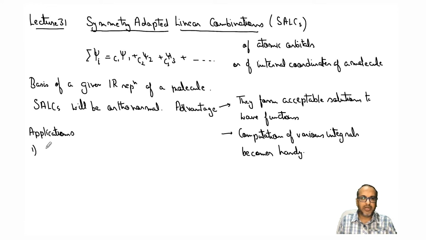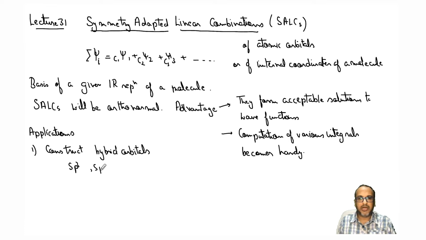We will see them when we construct hybrid orbitals, when we study chemical bonding, for example sp3, sp3d2 and so on, right? So we know what the hybrid orbitals are. While constructing hybrid orbitals, SALCs become very handy.